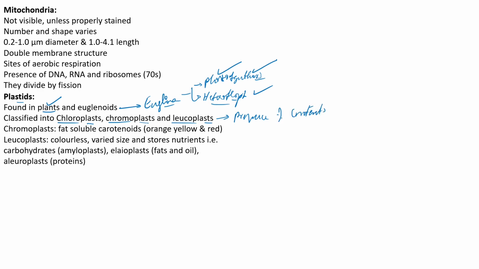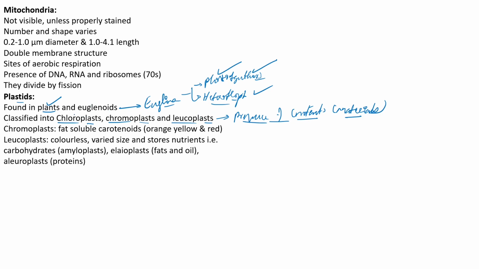What do we mean by contents? Basically, what these plastids contain inside them, what kind of materials you find in the plastids. Based upon that we classify the plastids into chloroplast, chromoplast and leucoplast.